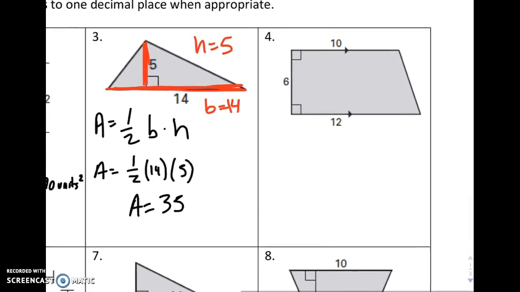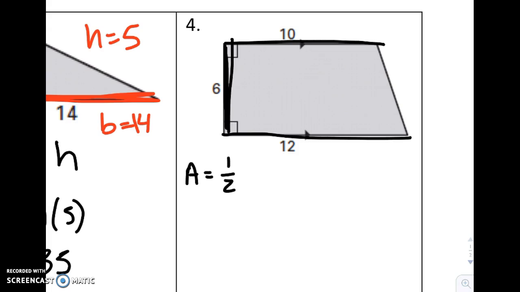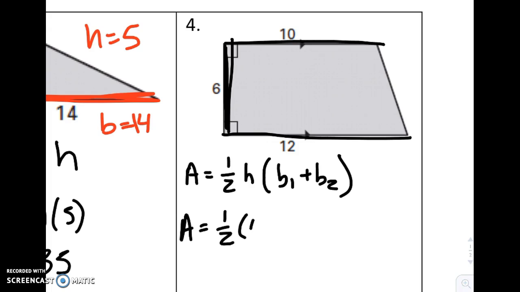All right, and number 4. This is probably the most difficult formula, but again, just taking your time, making sure that you write it all out and plug those things in. This is a trapezoid. You've got parallel bases right here, and the distance between those bases is 6. So it's 1/2 height times base 1 plus base 2. So we'll plug everything in here. 1/2. The height is 6.